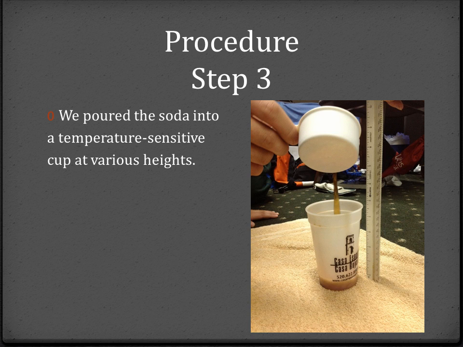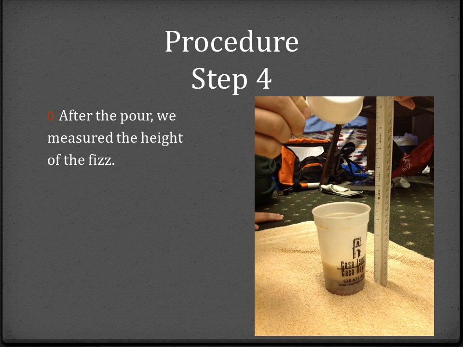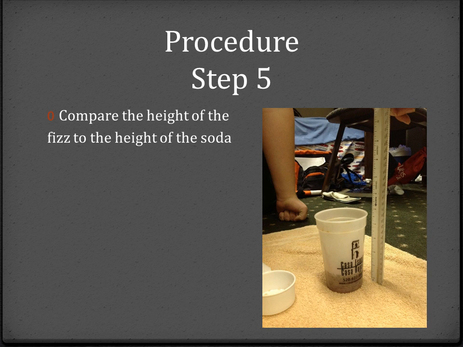For step 3, we poured the soda into a temperature-sensitive cup at various heights. For step 4, we measured the height of the fizz. For step 5, we compared the height of the fizz to the height of the soda to find the height of the fizz together.